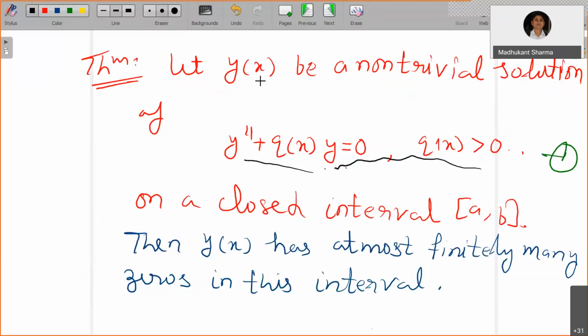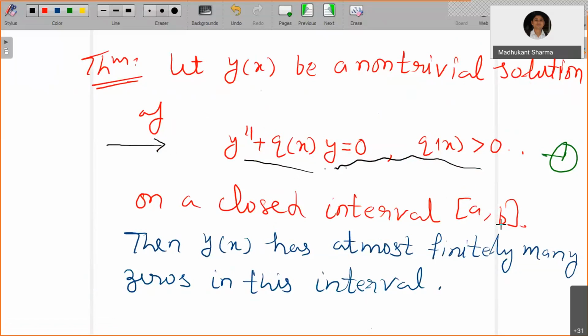So let y be a non-trivial solution of this homogeneous linear second order differential equation, where the coefficient of y dash is 0 and the coefficient of y is a positive function on a closed interval. Then y has at most finitely many zeros in this interval, meaning you will only be able to locate finitely many points on the interval where the function vanishes.